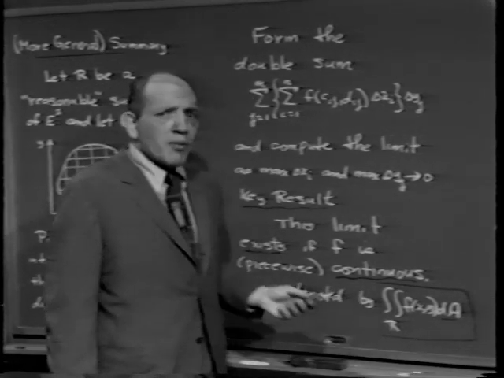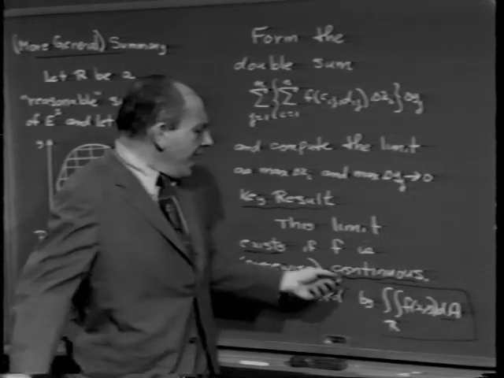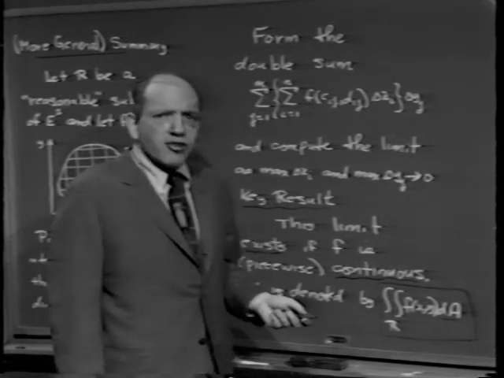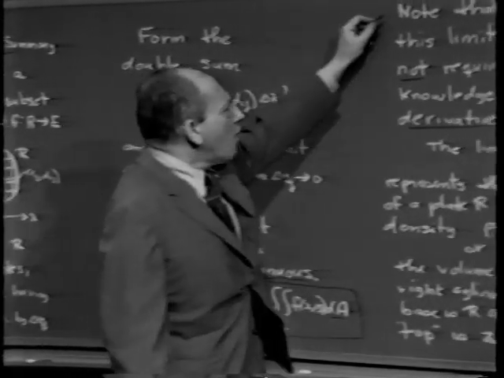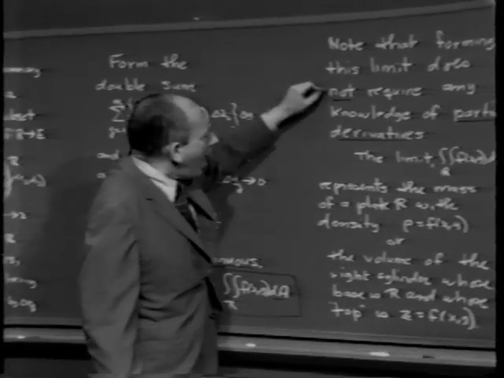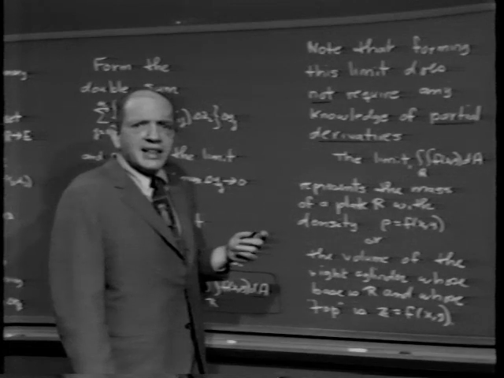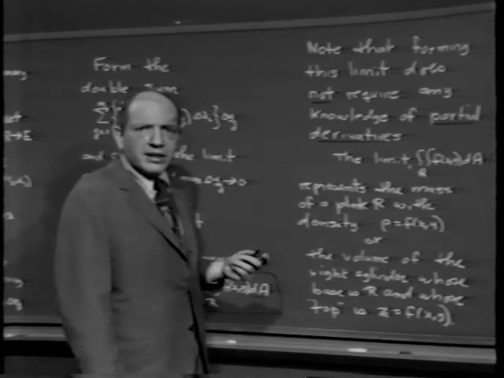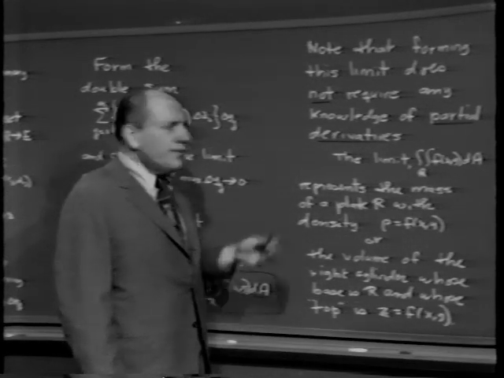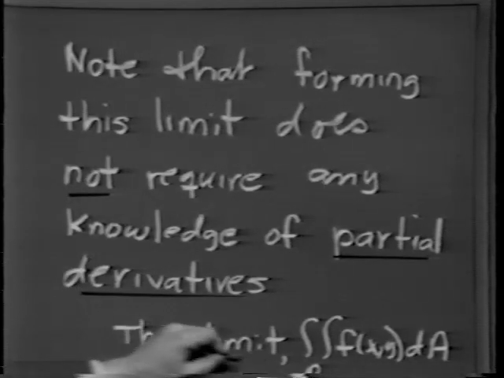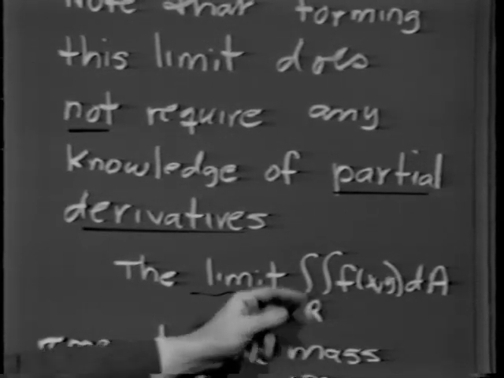Now, the key point that I want to bring out here, and in fact this will lead into the lecture of next time also, is that if I had never heard of partial derivatives, it makes sense to talk about this kind of a sum. In other words, note that forming this limit does not require any knowledge of partial derivatives. In the same way that finding infinite sums in Calculus 1 could be done independently of any knowledge of the derivative, this particular limit makes sense even if we've never heard of partial derivatives.